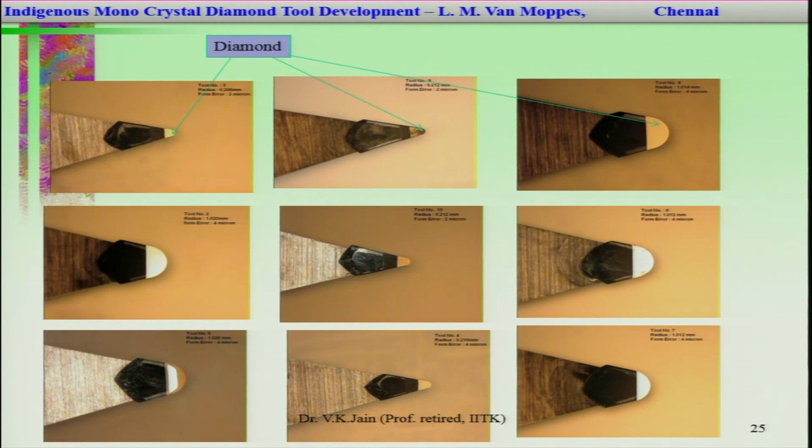So, scientists, researchers and users have tried to make as small a size of the diamond cutting tool as possible, because they also many times fail. So, you lose them and they are quite expensive.